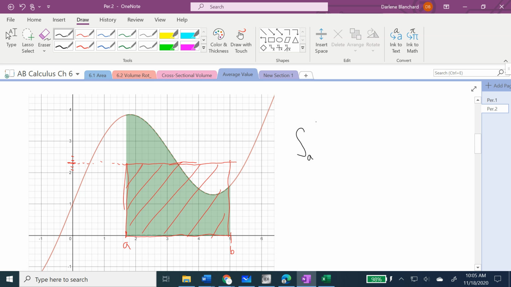So what I'm going to write down is that the integral from a to b of this function is equal to the area of that rectangle. Now, the area of the rectangle is whatever f average is, a y value, multiplied by what is this length based on generic a and b?